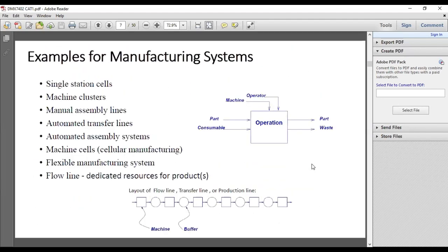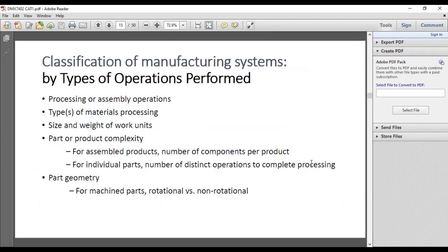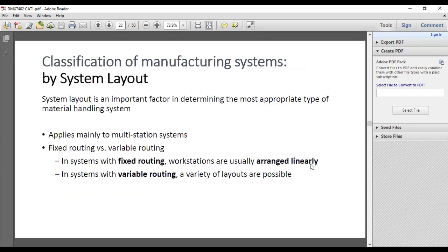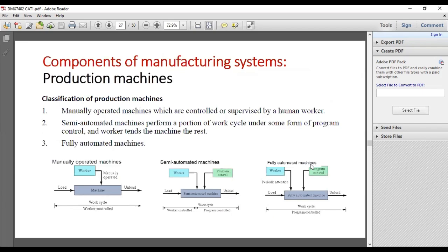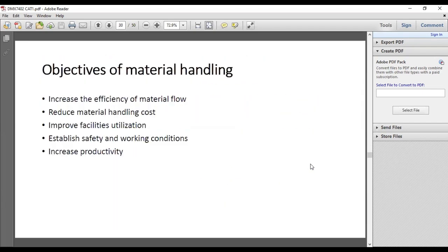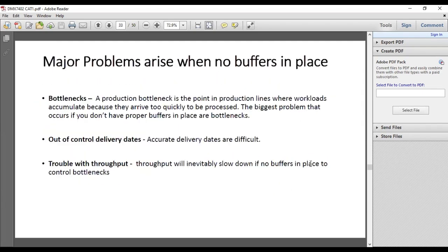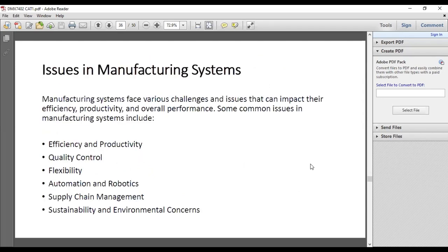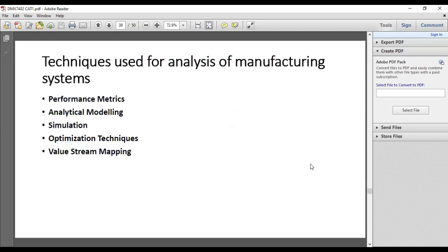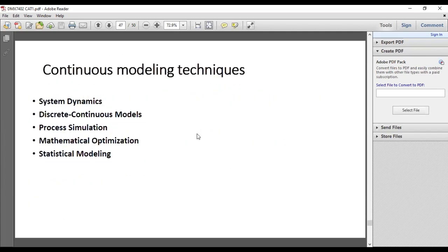We said somewhere we analyze performance metrics. Those are the performance indicators.